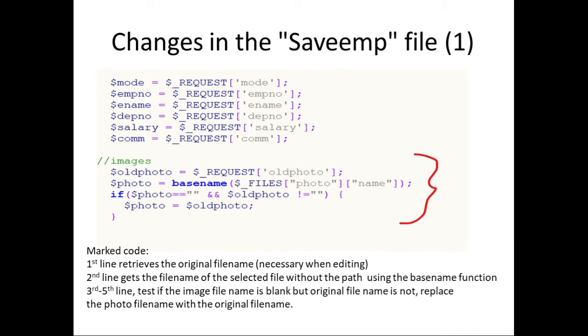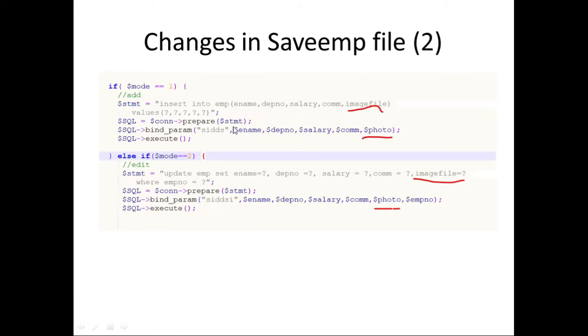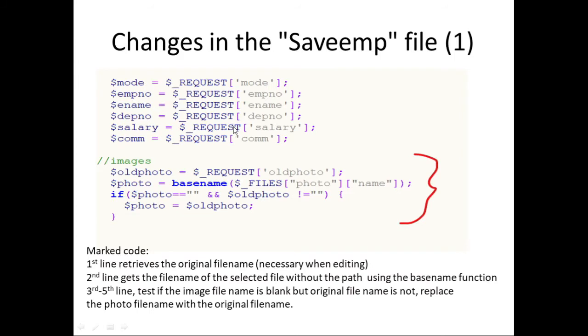Now, here are the changes in our save amp file. We added this code in our save amp file. This is the portion wherein we retrieve the values from our form, and we added this.